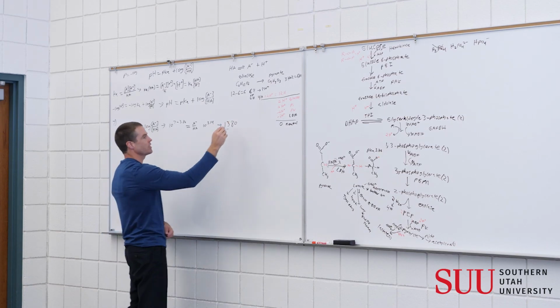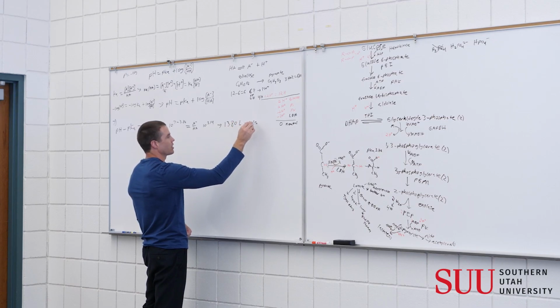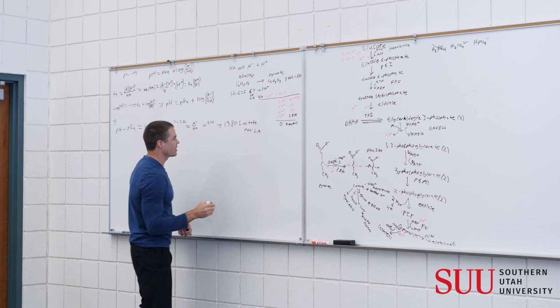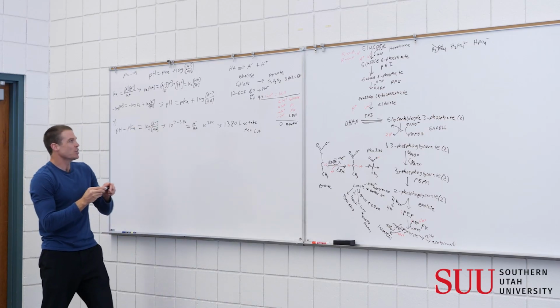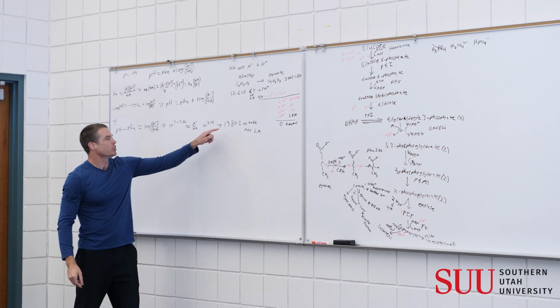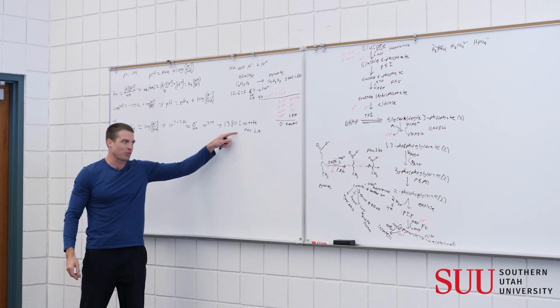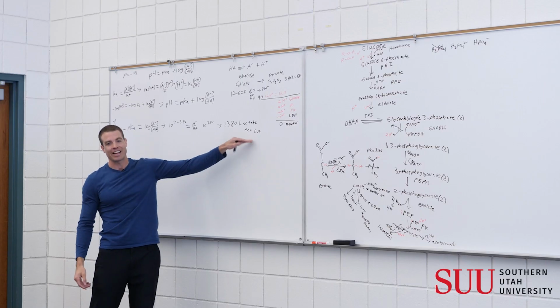So 1,380 lactate molecules per lactic acid molecule. Okay, there it is. So that means that at a pH of 7, you'd have to make 1,380 lactate molecules to get even a single lactic acid molecule.